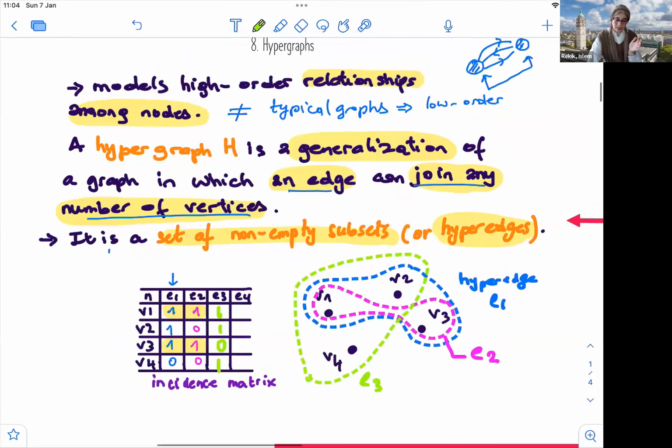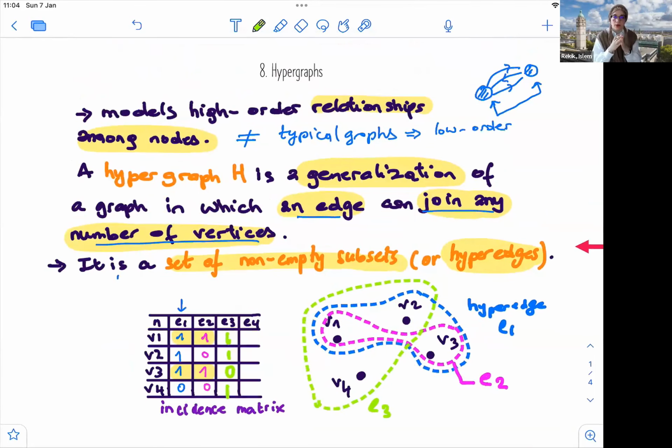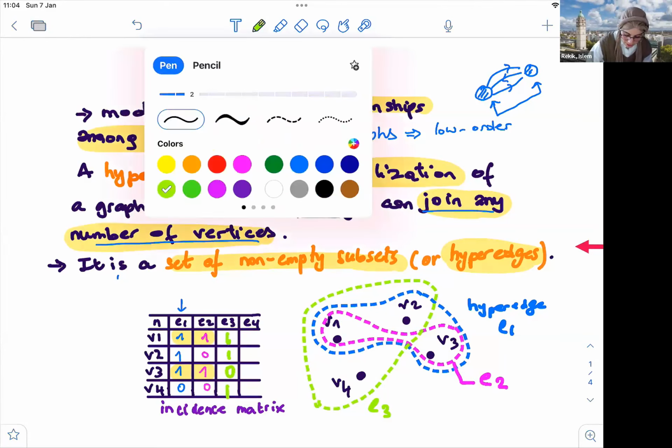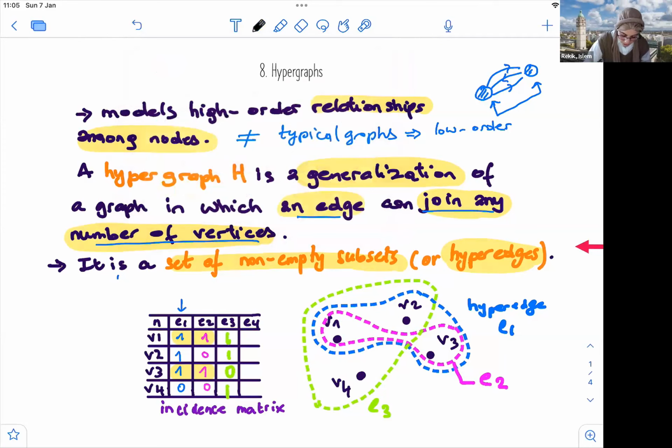So a hypergraph allows us to examine the graph as a set of overlapping subsets of nodes. Okay, and each subset of nodes, when put together, defines what we call a hyperedge.